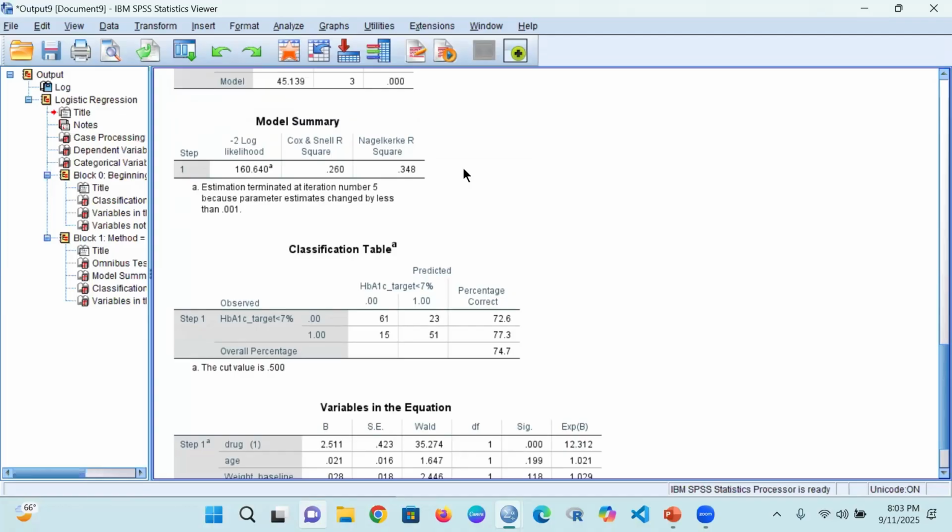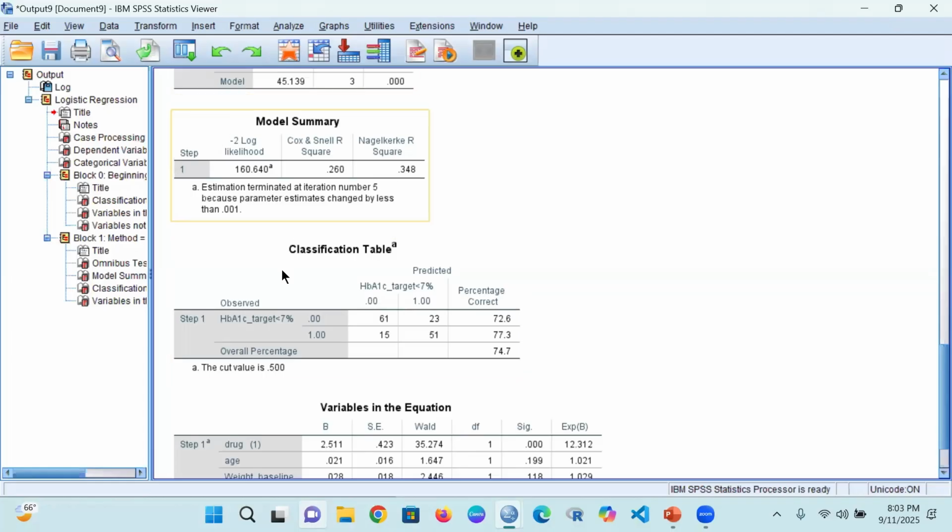A patient with higher baseline HbA1c has much lower odds of achieving the target also. So here we have also concluded that age and gender are not statistically significant predictors of achieving less than 7% HbA1c.